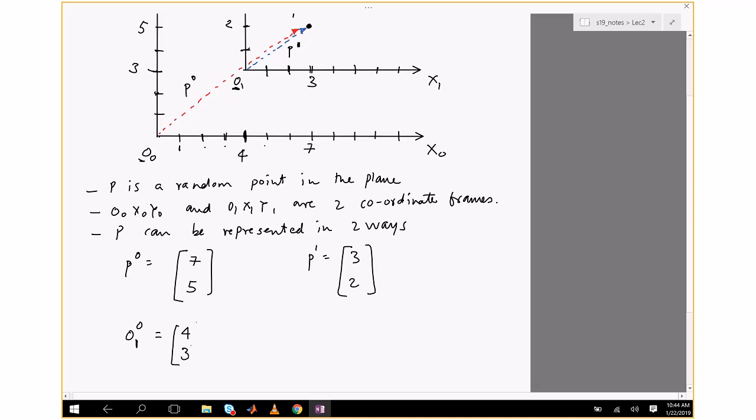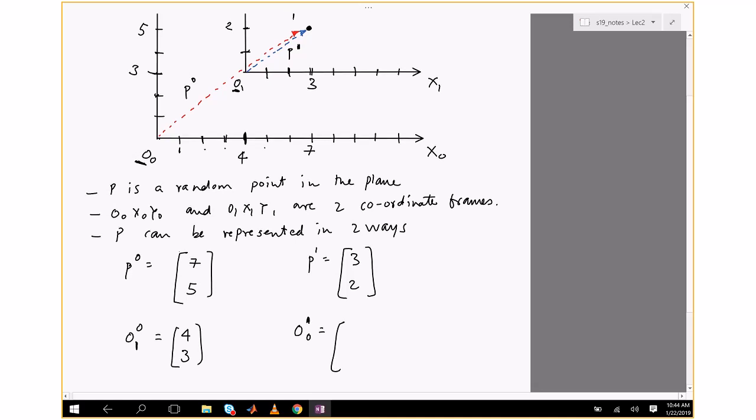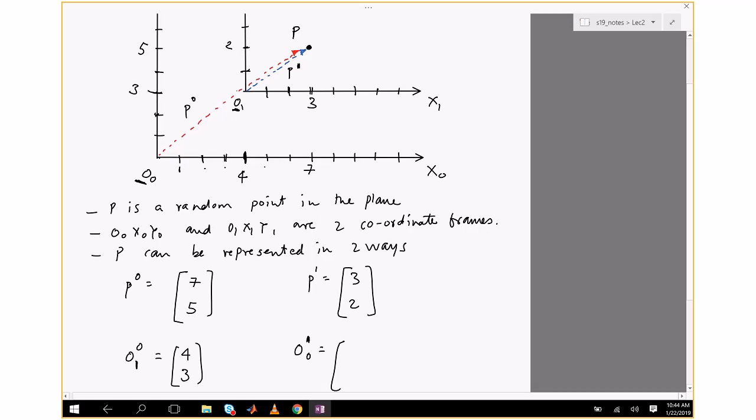You could also find the coordinates of frame 0 from frame 1. For that, if I want to really go backwards on the left side, then this will be -4, right? It is the distance of point O0 on the x-axis. The x-axis corresponding to X1 is -4, and for the y-axis I need to go down, which is again minus, so -3.